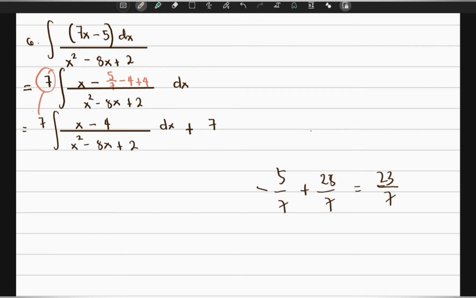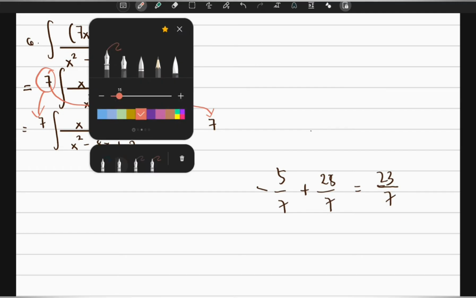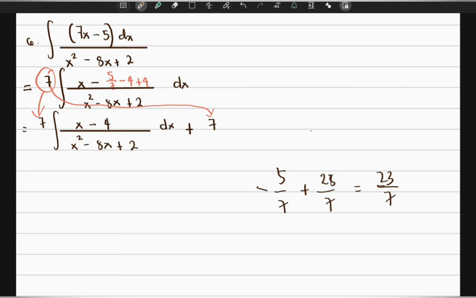Okay. Distributive kasi yan. Kaya always be careful pagdating sa mga ganyan. Tapos, we have here 23 over 7. And then, times the integral of, ano na lang natira? Yung dx na lang.